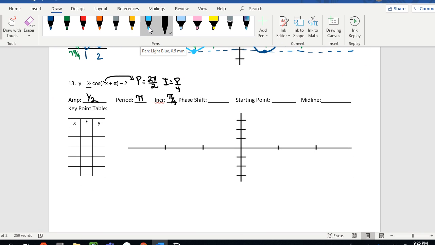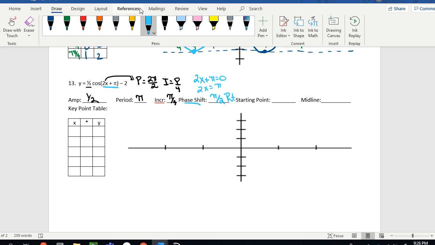So we're going to do our phase shift here. I'm going to take this for the phase shift, and do 2x plus pi equals 0, 2x equals pi, divide by 2, I get pi over 2. So that's positive, and if it's positive, it's going to the right.